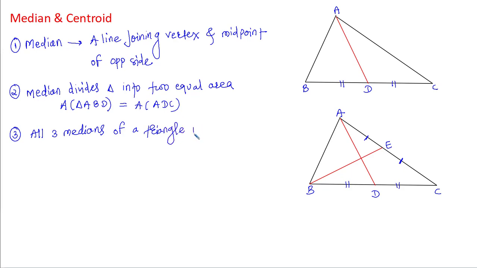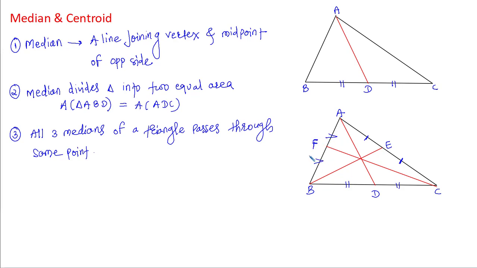Let me draw the third median. The third median will pass through the intersection point of the first 2 medians. So the median from vertex C will look like this. The diagram is not drawn to scale. Let's call this point F. F is the midpoint of AB.